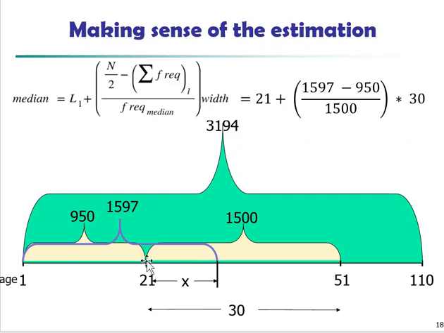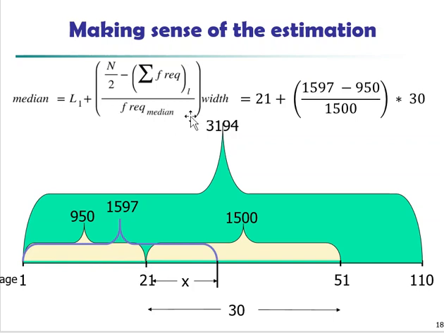And we know the range that holds our median is from 21 to 51, and 1,500 is the total number of people in this range. After I depict this, you will see this formula is basically L1 is 21, half of N is this much, and the frequency before age 21 is 950.